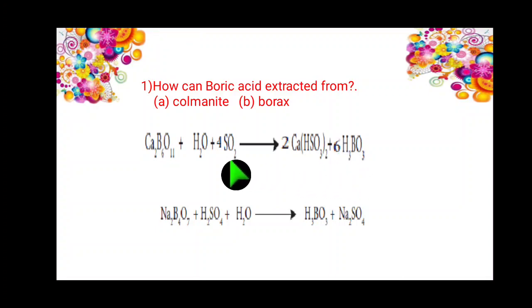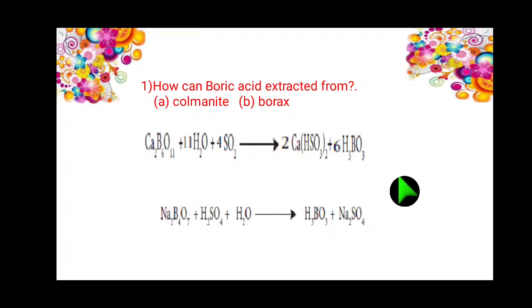Left side we have only 2 hydrogen. So make it 22, means 11 H2. Write 11 H2. This equation is balanced, right? So the rest is oxygen, it is balanced. From colemanite we can prepare the boric acid H3BO3.